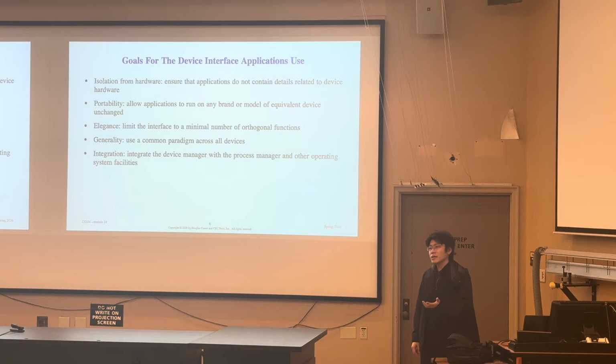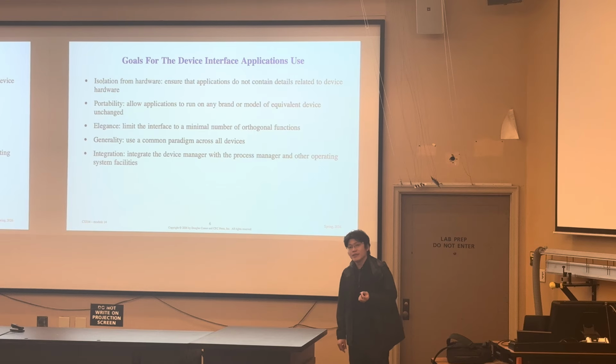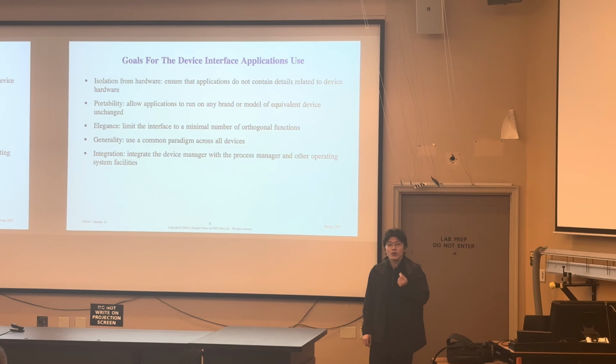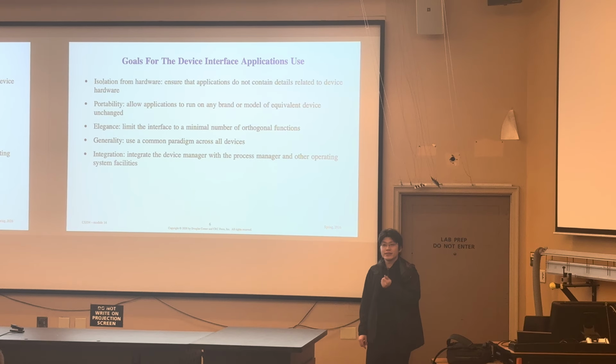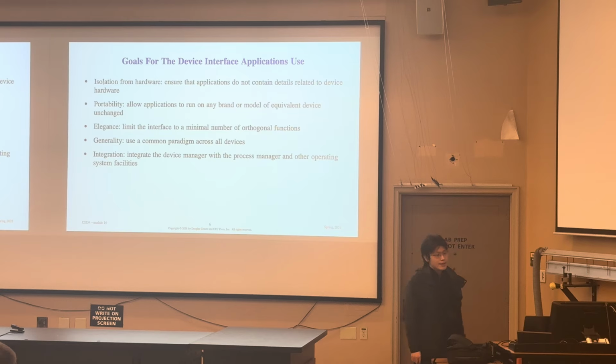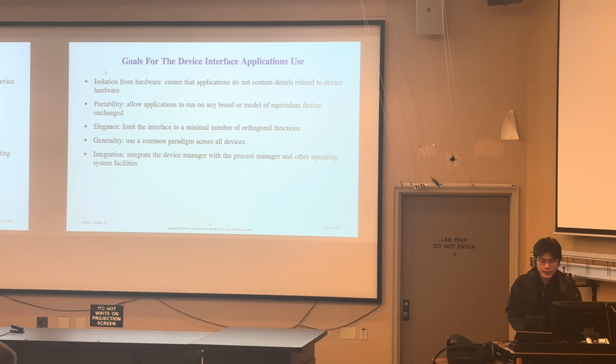Why this is important is because if you achieve this, then your user application is much easier to write. Okay, so when you write your user application, you do not need to read every hardware device manual to understand how to use this hardware device. Okay, so yeah, isolation from hardware.